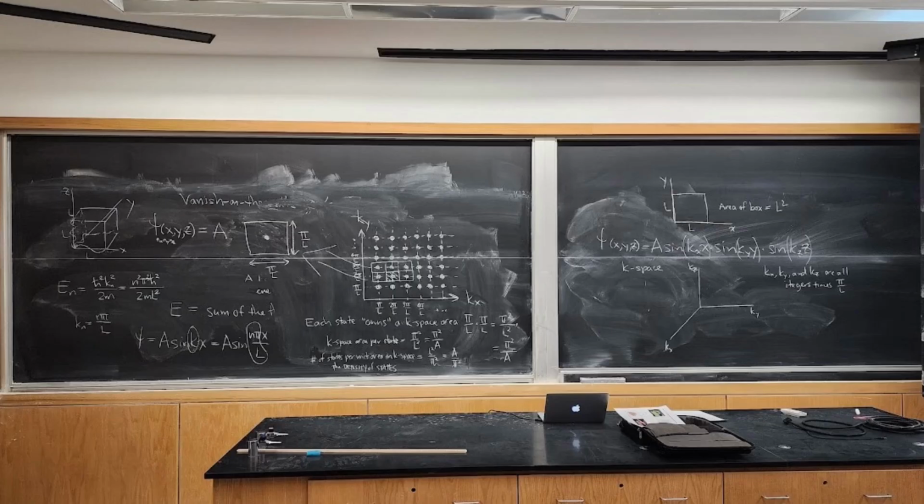This is area per state, and I mean K space area, which has different units from physical space area. So if pi squared over the area of the box, pi squared over L squared, is the area per state, what's the states per unit area in K space? What do you do?